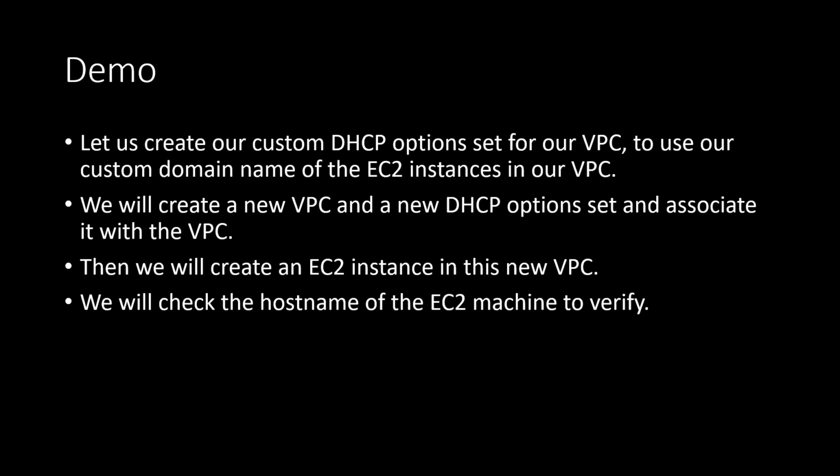For this, we will create a new VPC and a new DHCP option set associated with this VPC. Then we will create an EC2 instance and check its host name to verify that the host name is as per our new DHCP option set. So let us go to our AWS console now and see this practically.